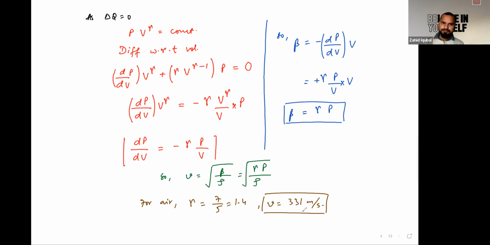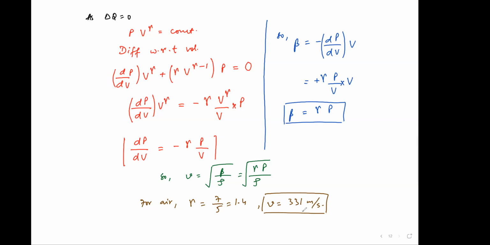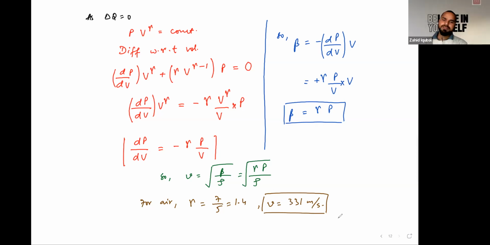Hamza, done? Yes, sir, done. So from this expression, we may write velocity is equal to root under beta by rho. You may convert this beta as gamma times P divided by rho.